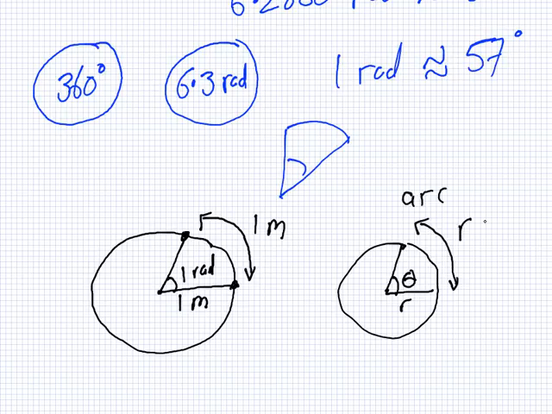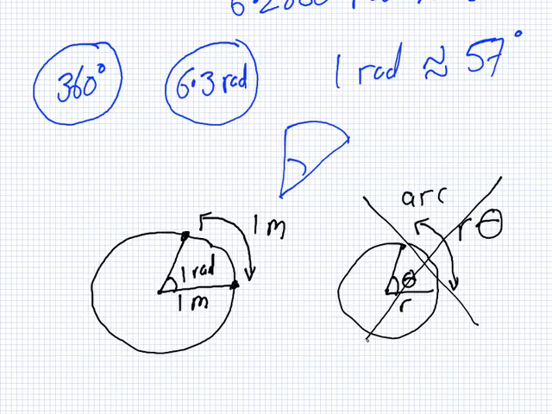It's the radius multiplied by the angle. But this only works if you're using radians. It doesn't work if you're using degrees. So this is the advantage for using radians. This isn't something we'll deal with though, so you don't need to worry about that. We'll just worry about converting from degrees to radians.